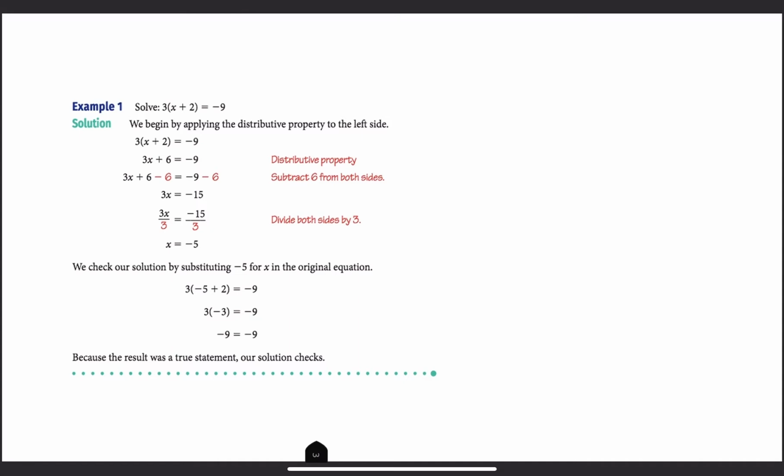All right, so let's go ahead and have a look at this first example. Solve 3 times x plus 2 equals negative 9. So the directions are solve. Whenever the directions are solve, we are trying to isolate the variable, trying to get the variable on a side by itself.